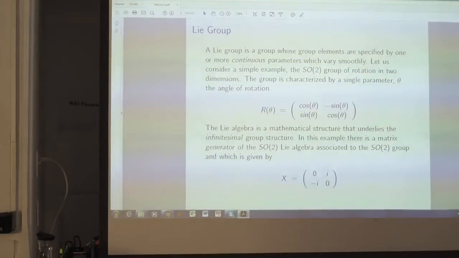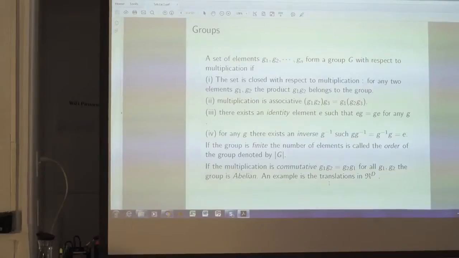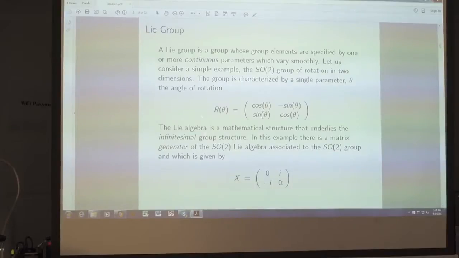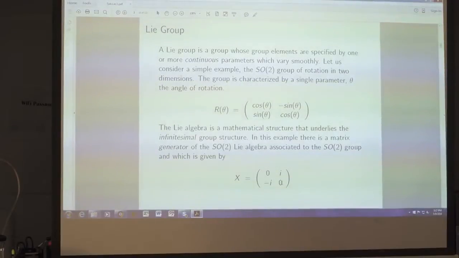But let me just give you an example. Okay, so a Lie group is a group whose group elements are specified by one or more continuous parameters, which vary smoothly. Let us consider, for example, the group of rotations in 2 dimensions. The group is parameterized by the angle.